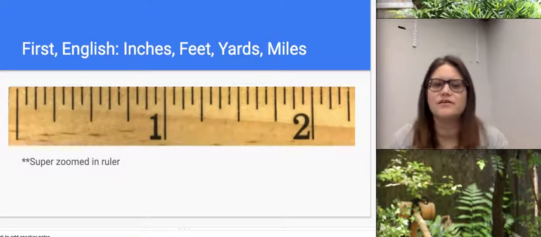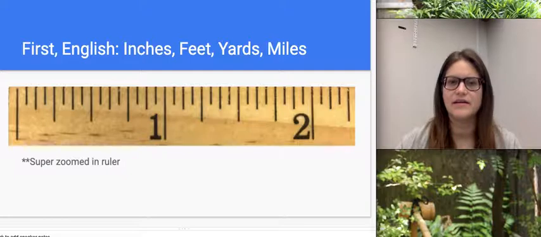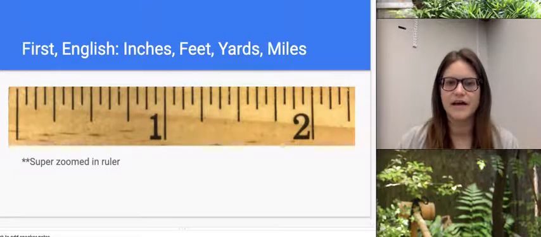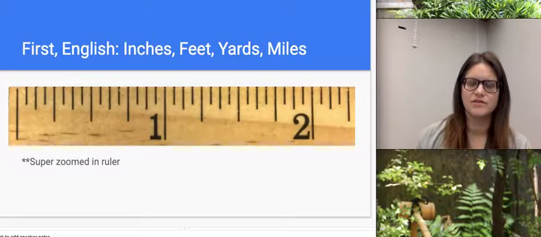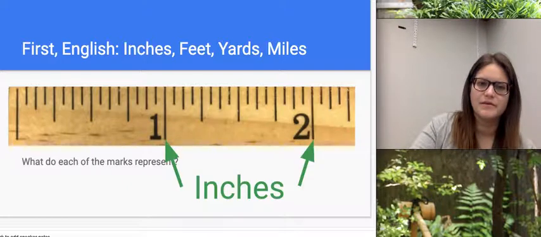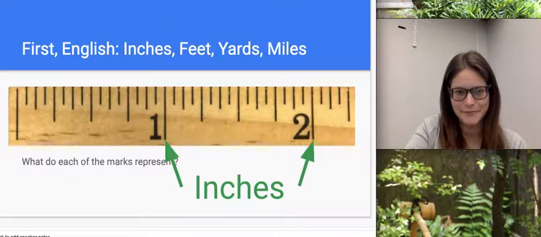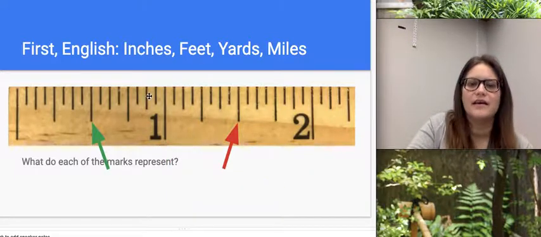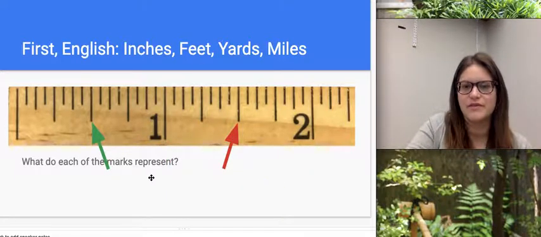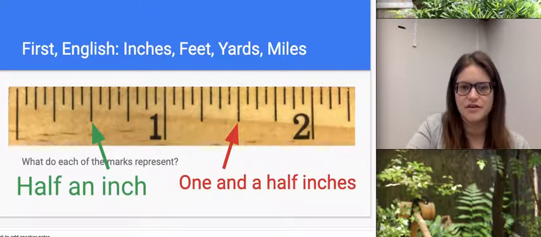So let's take a look a little bit more at how an inch ruler divides up those inches. You're probably familiar already with the inch marks. I would certainly hope that you know those by now. Then I'm sure you can figure out that halfway in between, that's half of an inch. So this would be half of an inch, 1 inch, 1.5 inches here, 2 inches, and so forth.